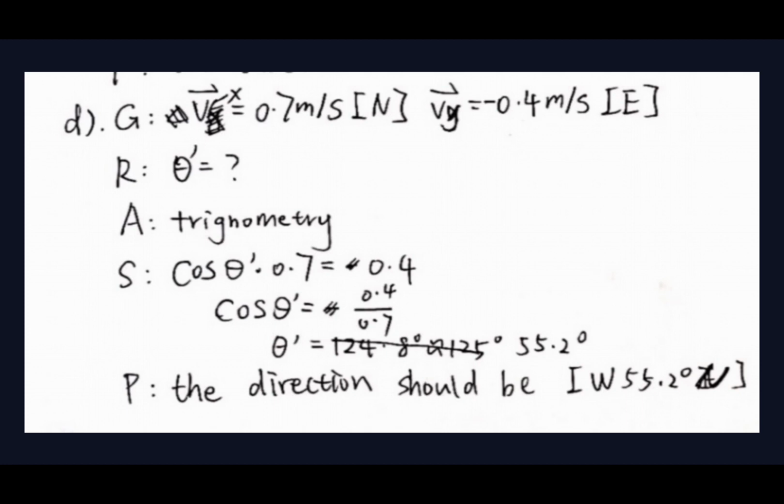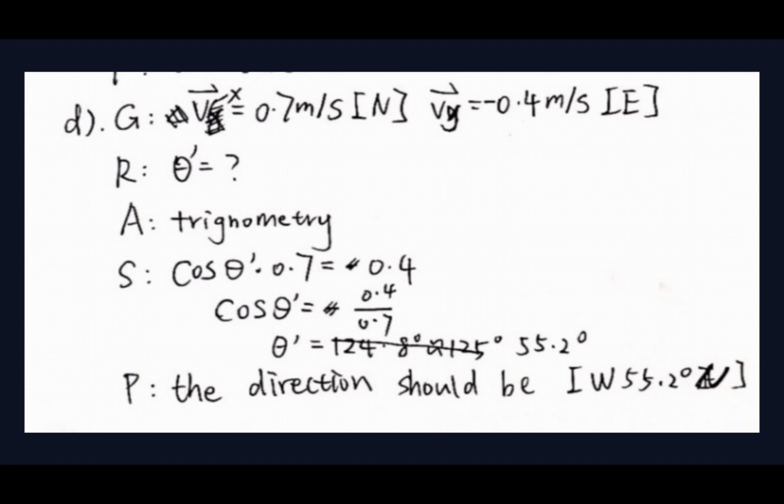The horizontal component of velocity equals 0.4 meters per second. And the angle between the velocity and the x-axis on the left, I call theta dot. We need to know how much theta dot equals. The concept we need to follow is only trigonometry.